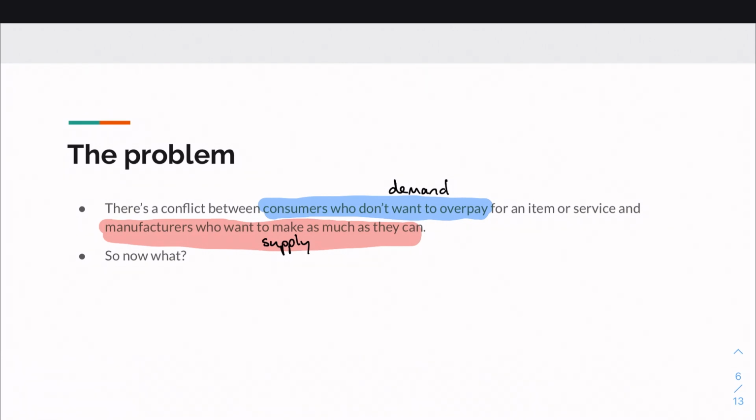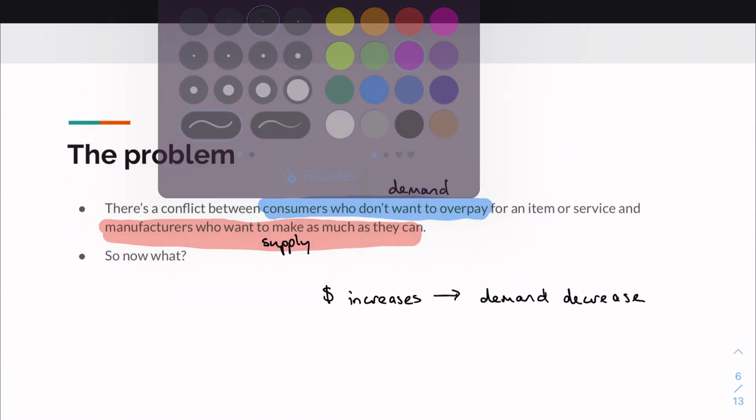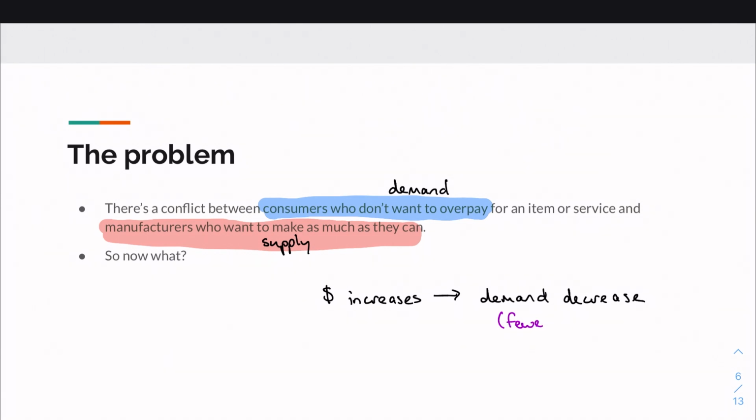So let's consider the scenario of what happens when the price increases. Well, when the price increases, it's more expensive. I don't want to pay for it if it's more expensive, so the demand is going to decrease. Well, if the demand decreases, it just means that fewer people are buying.